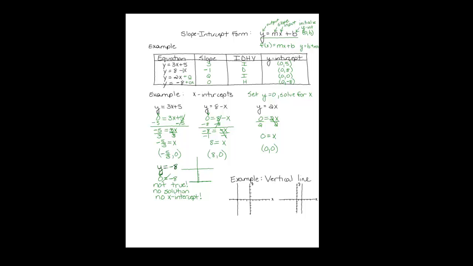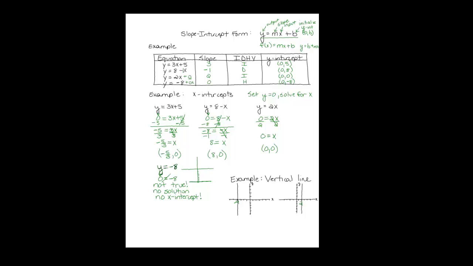All right, now the next example, we're going to focus on the vertical line. Remember, the vertical line, that's going to be the exception to every rule that we learn. So I have here some vertical lines just to show you kind of what's going on here. The first one is a vertical line at negative 4. The second one is a vertical line at 2.